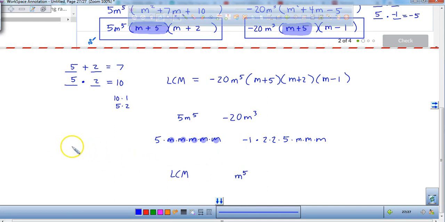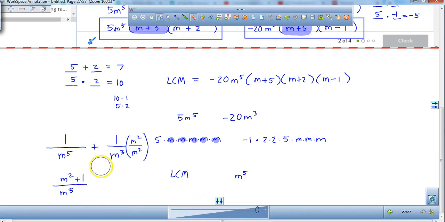If I had 1 over m to the power of 5 plus 1 over m cubed, my least common multiple would be m to the power of 5. And I'd have to multiply by m squared over m squared so that they have the same denominator. And then this expression would be m squared over m to the power of 5. Okay? Actually, m squared plus 1. There we go.